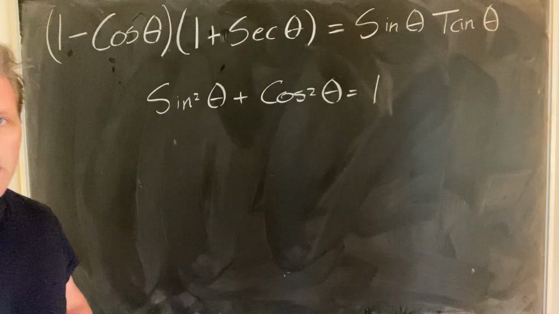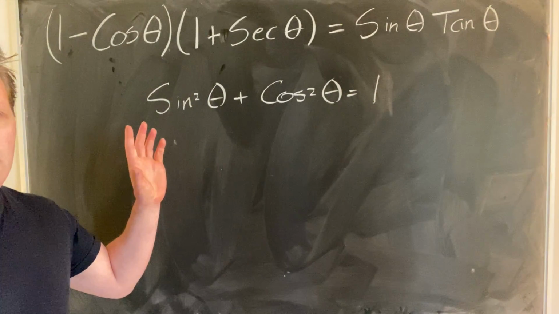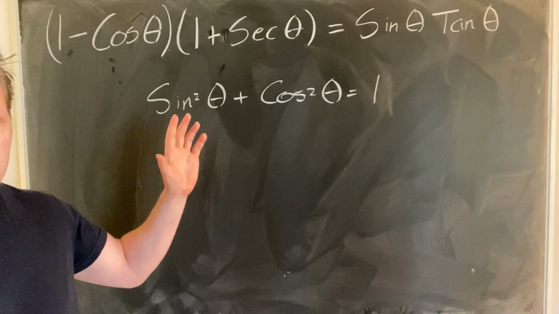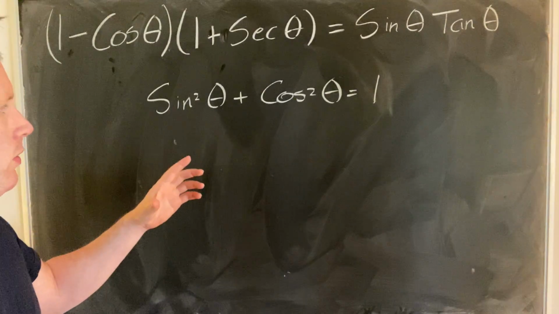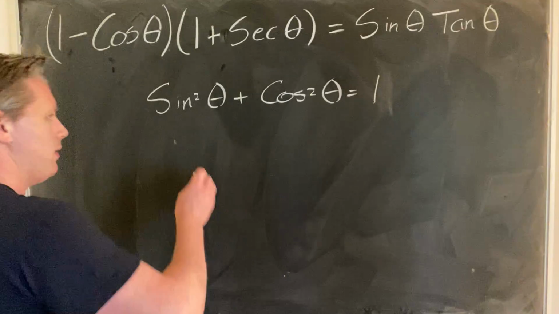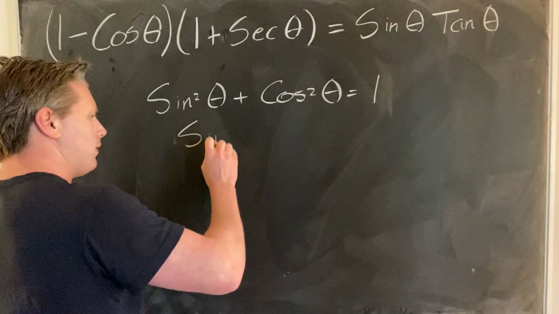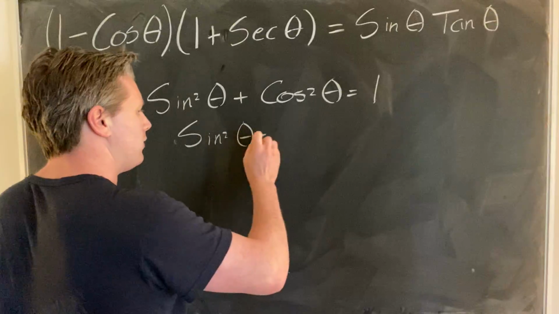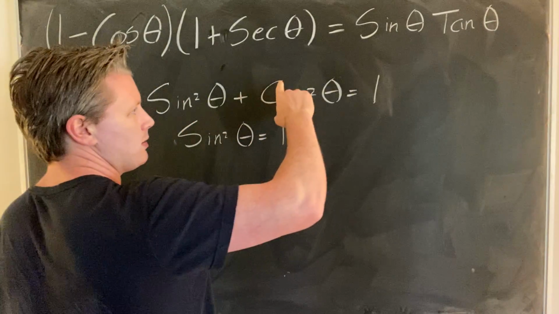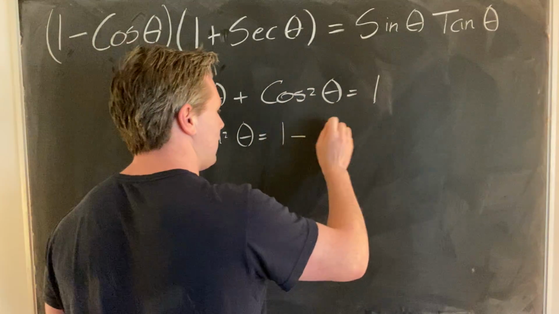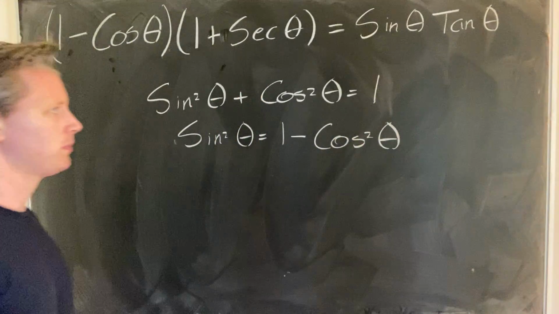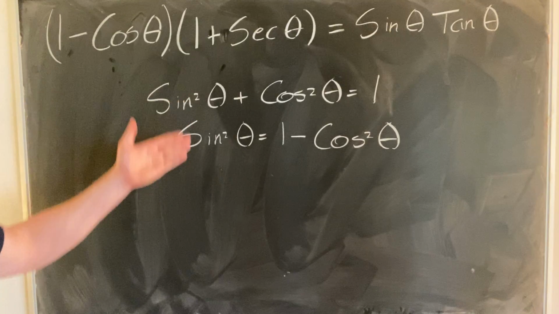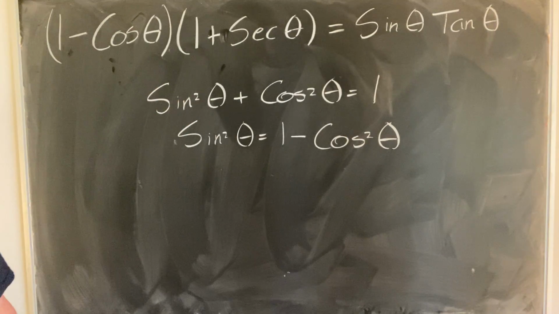Okay, that is a very fundamental relationship that we will come up over and over again. This can also be rewritten: if I subtract cosine squared theta to the other side, I get sine squared theta is equal to 1 minus cosine squared theta. So these two are equivalent.